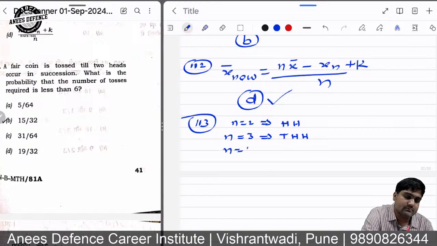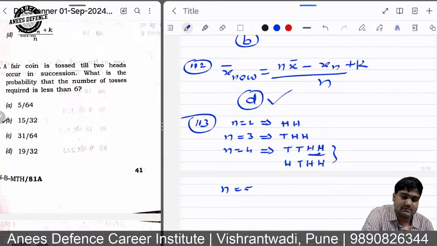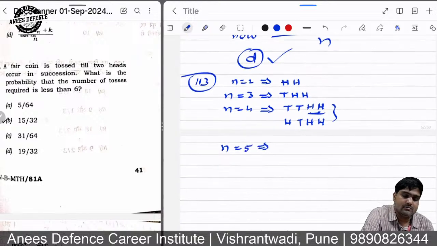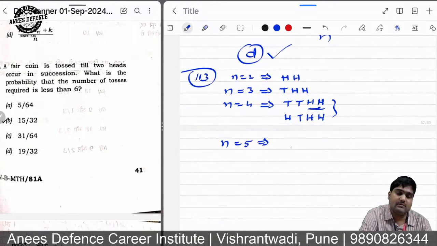If the number of trials is 4, then tail, head, head, which has only heads in succession at the end, and one more case is here, head, tail, head, head. These are the two cases. And if I take the number of tosses as 5, now find the cases.